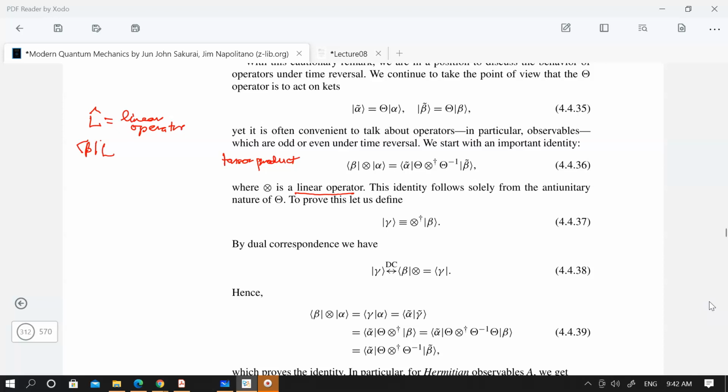So I will have now beta L alpha, and it claims that under the time reversal state, this would be equal to alpha tilde, time reversal operator, L dagger, time reversal operator inverse, times beta.